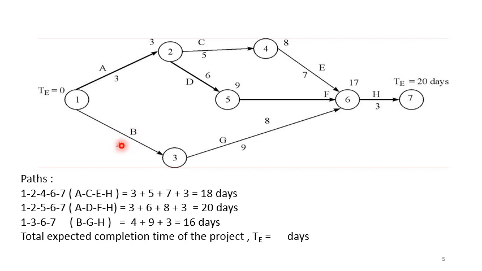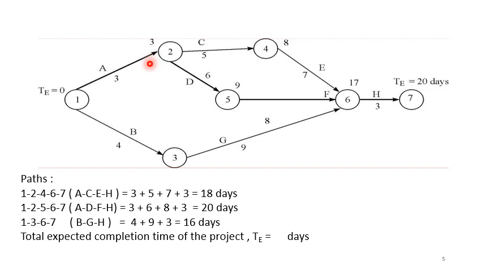You can see all the activities are represented by arrows here. As discussed in our previous session, all these circles represent the nodes. The numbers written in the nodes represent the events, and the alphabets written on top of these arrows represent the activities. So all activities are represented as arrows.